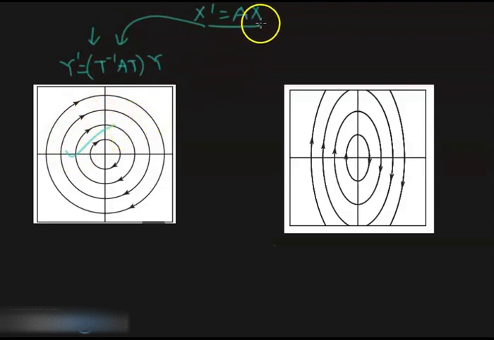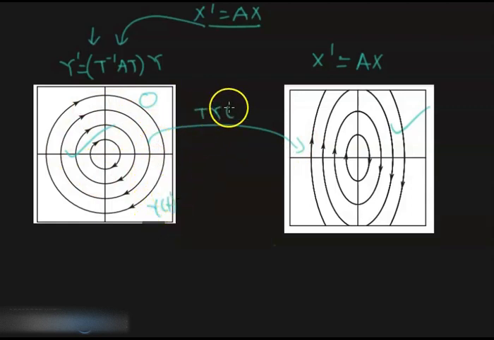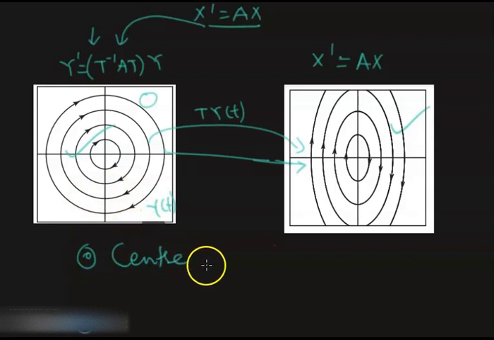But the original phase portrait for the original system was this one, and to get to it, since y of t is the solution here, I just operate T on y of t. Both are the same in nature: both are centers and both have clockwise direction.